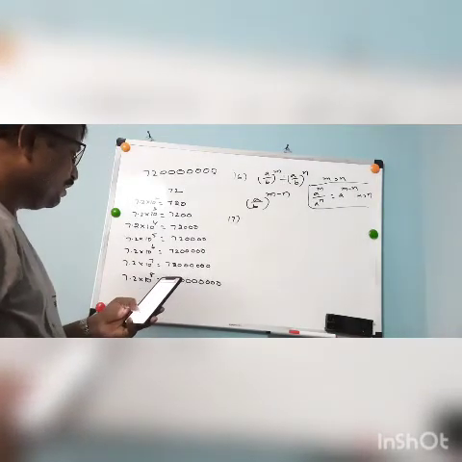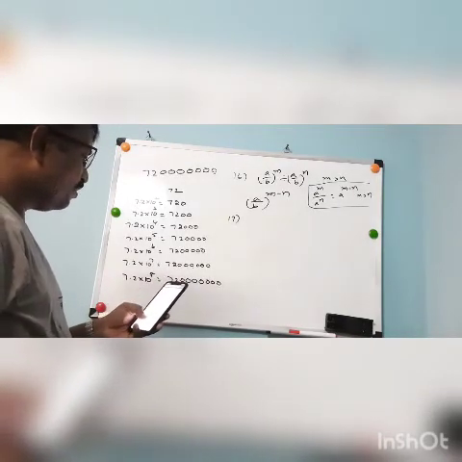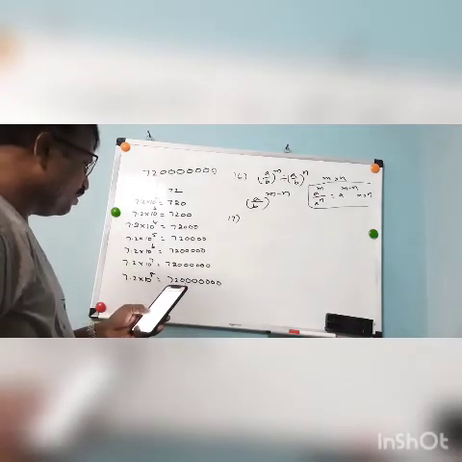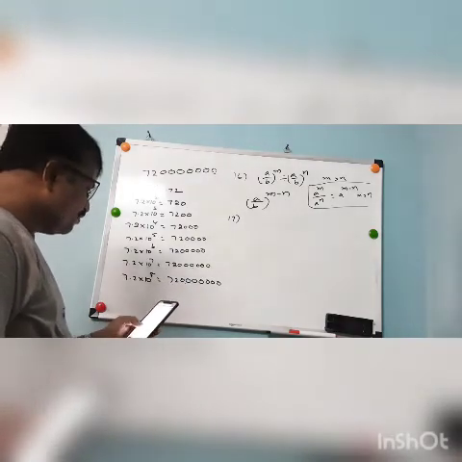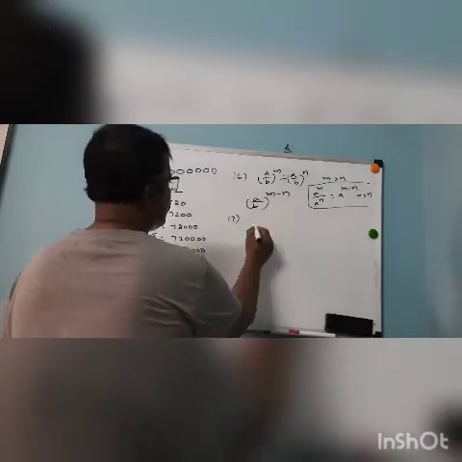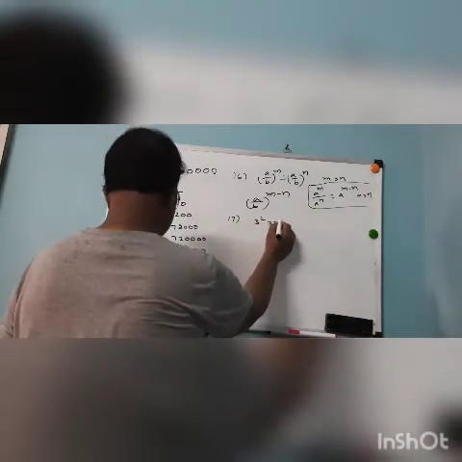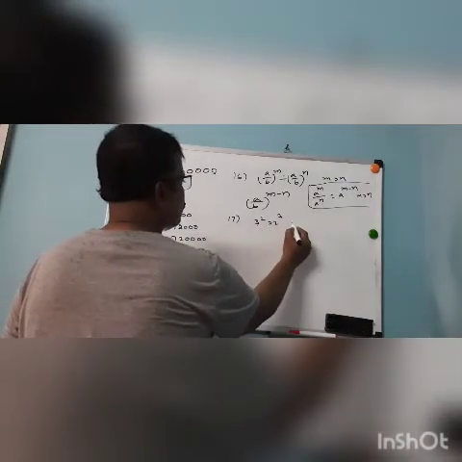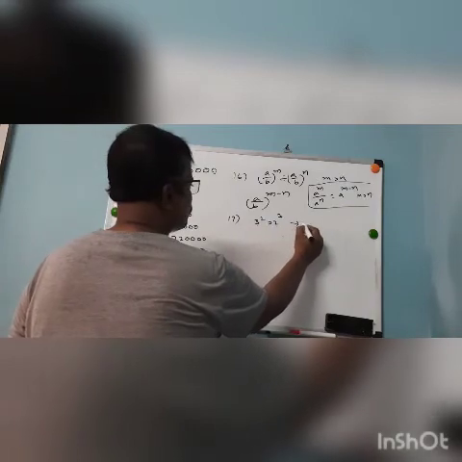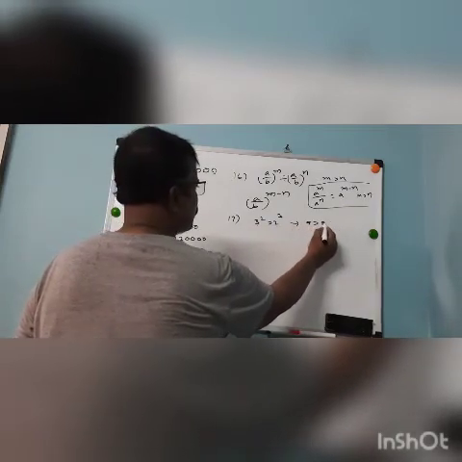So here, which of the following is not true? For the first one, 3 square is greater than 2 cubed. 3 square means 9, 9 is greater than 8, right.